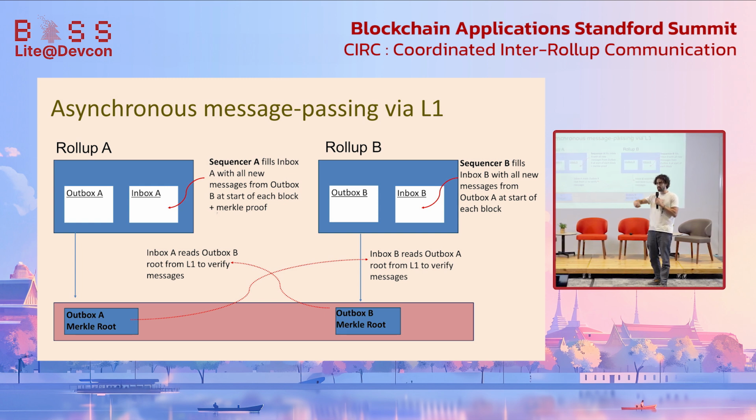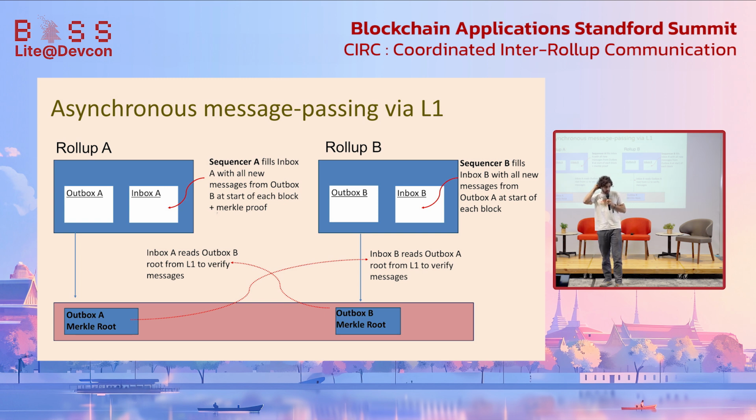They can write messages to their outbox, and because they're all settling to layer 1, there's some Merkle root of that mailbox that is stored on the layer 1. Now they can have a sequencer or just special transactions that populate their inbox and are verified against the Merkle root of the sending rollup.